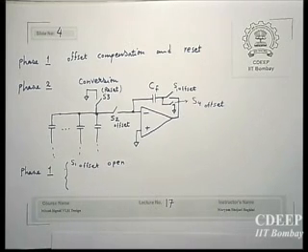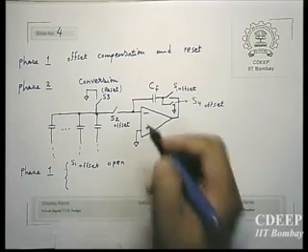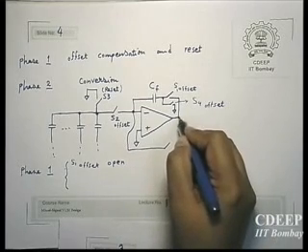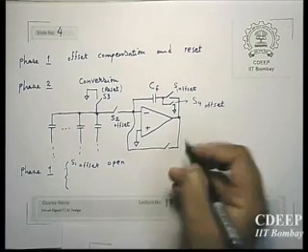Oh, we need one more switch also to keep the op-amp in unity gain feedback mode. So there is one more switch over here.